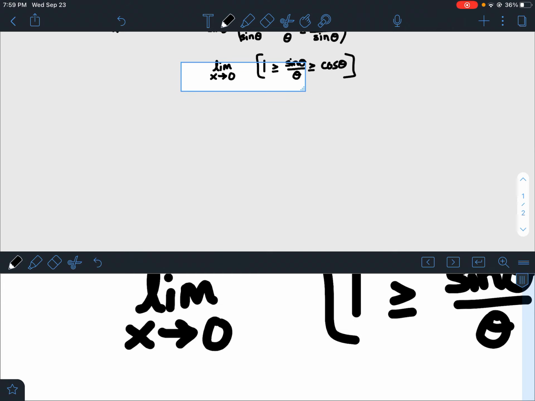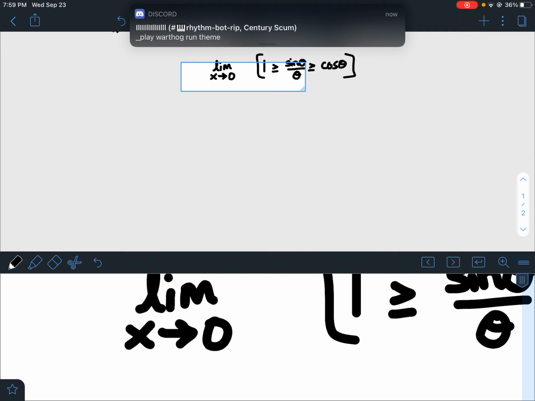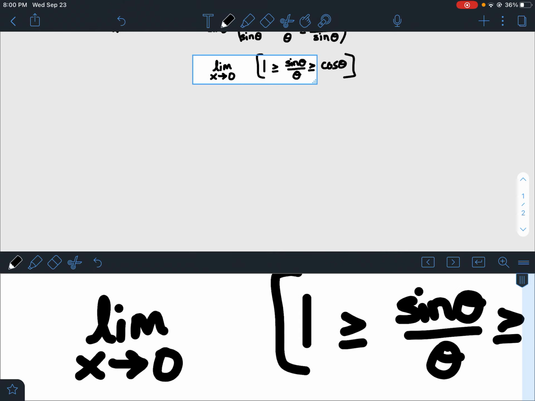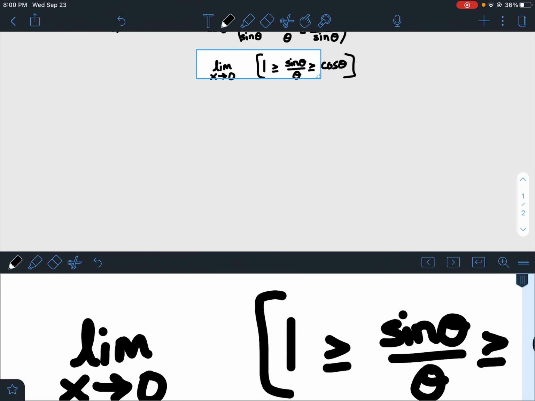Of pretty much each one. Of 0, you can do 0 from the plus, whatever, just 0, period. It doesn't matter. Take the limit as 0, period.